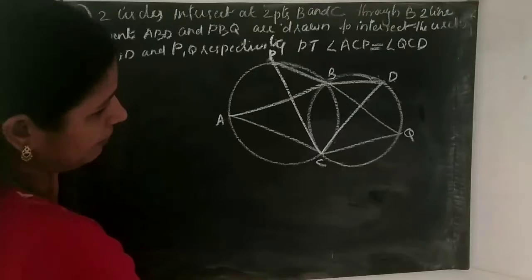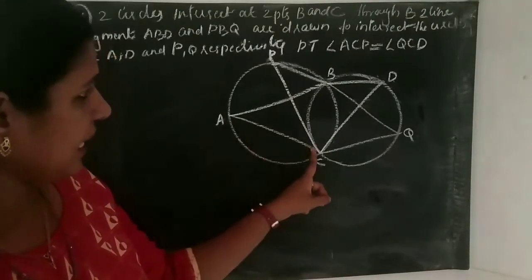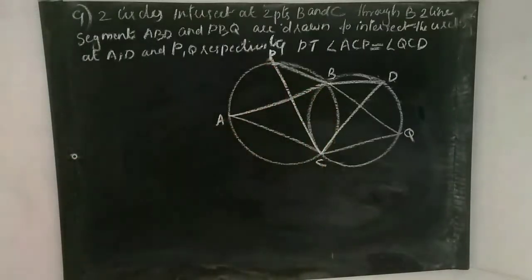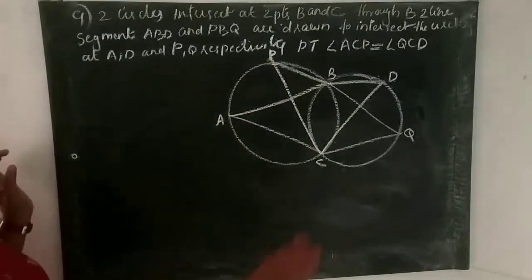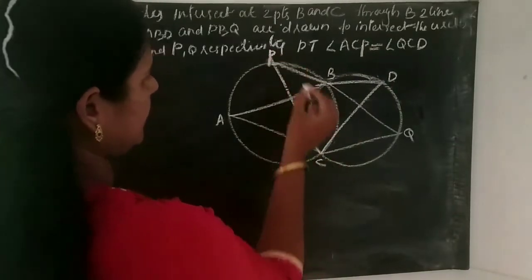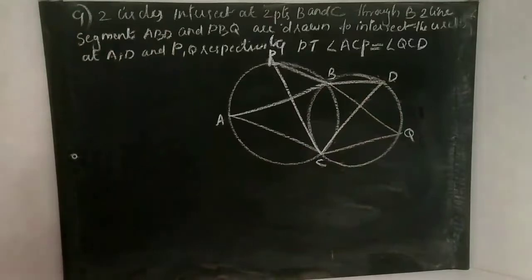Prove that angle ACP equals angle QCD. Okay.